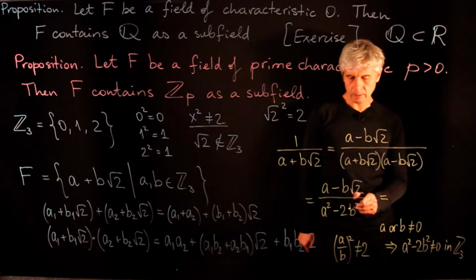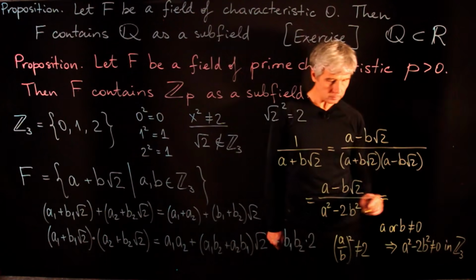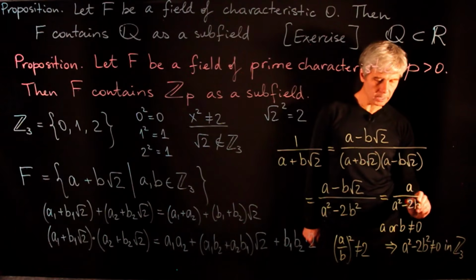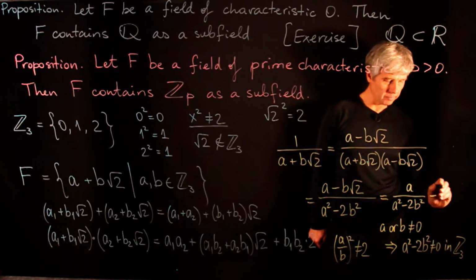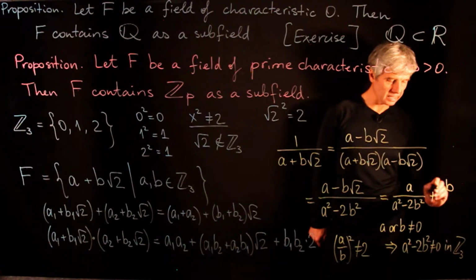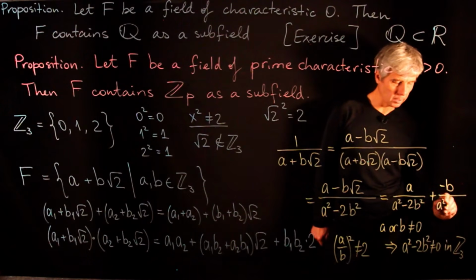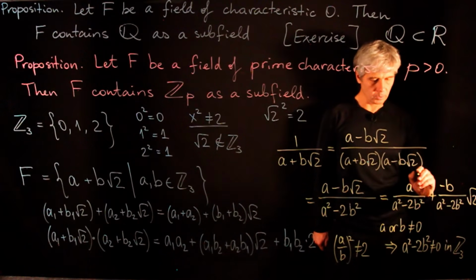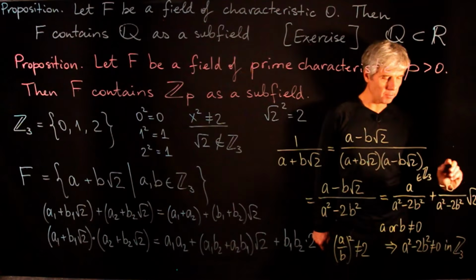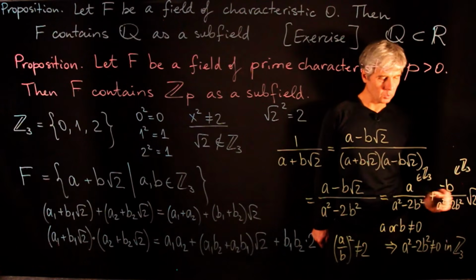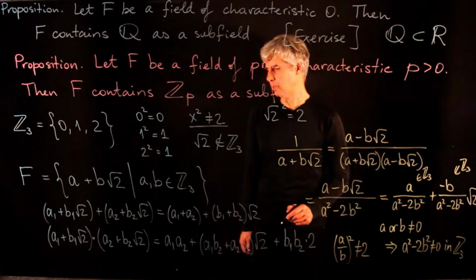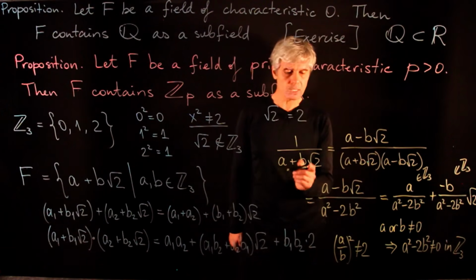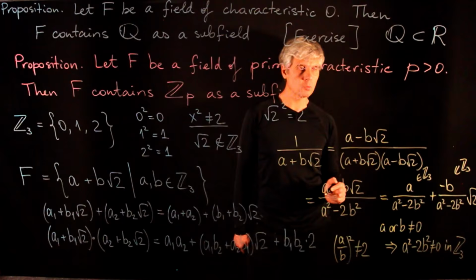And then we can perform division. So this will be a over a squared minus 2b squared, plus negative b over a squared minus 2b squared times square root of 2. And again, we can calculate this in Z3, and this we can calculate in Z3. So this means that this result is going to be an element of f. And this shows that if we take a non-zero element of f, then it is going to be invertible.